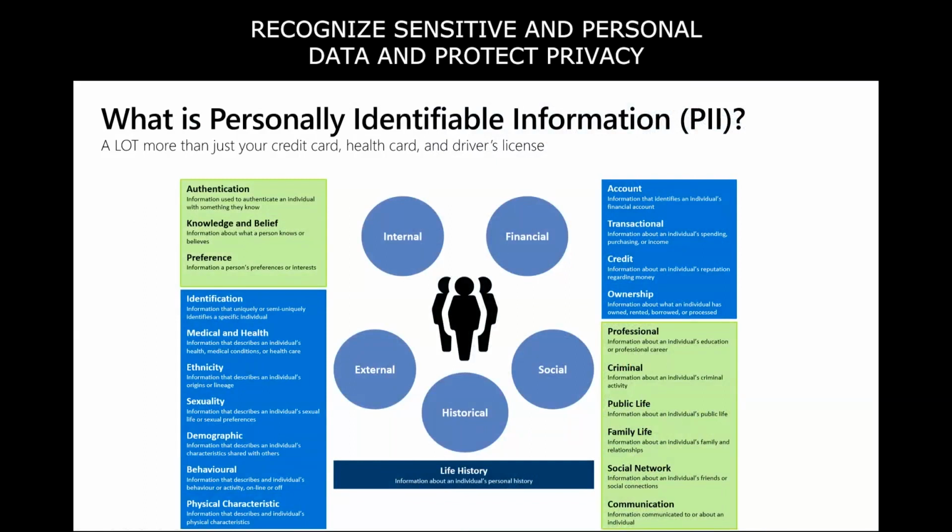Those attributes can be from a financial, social, historical, or external aspect. For example, your ethnicity, your demographic information, your identification numbers, or bank account, transactions, credit card. If we can identify a person from that information, it is considered personally identifiable information.